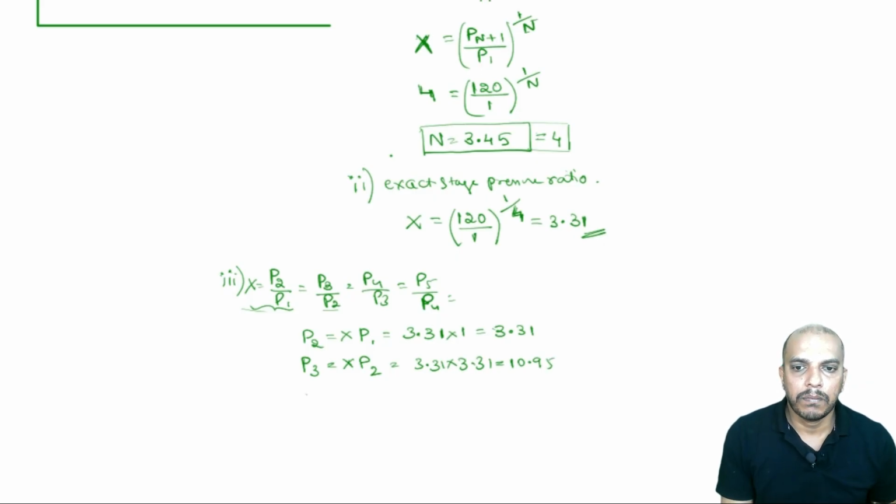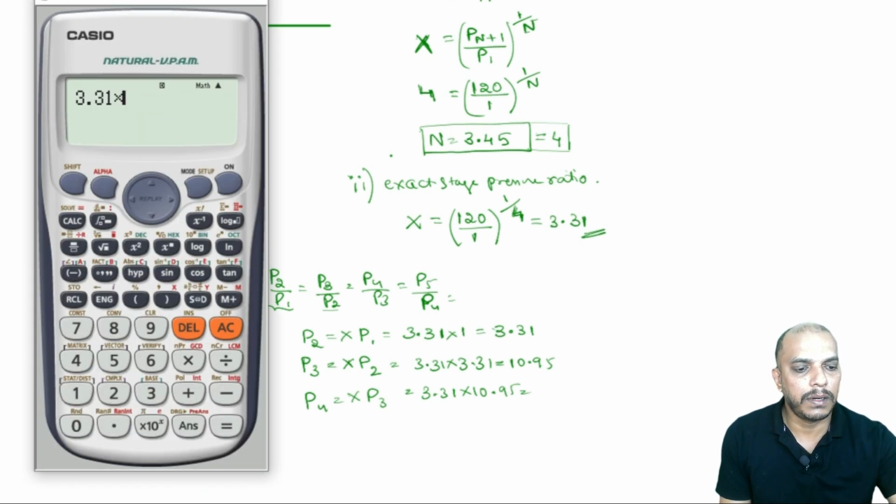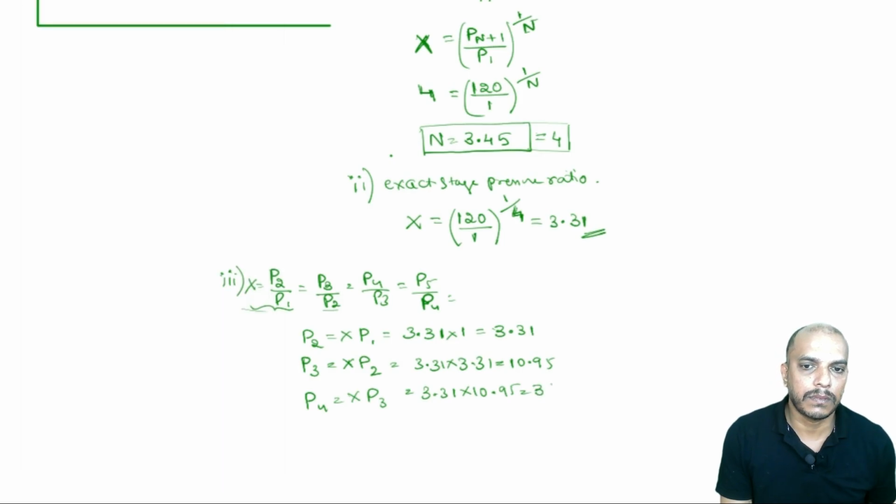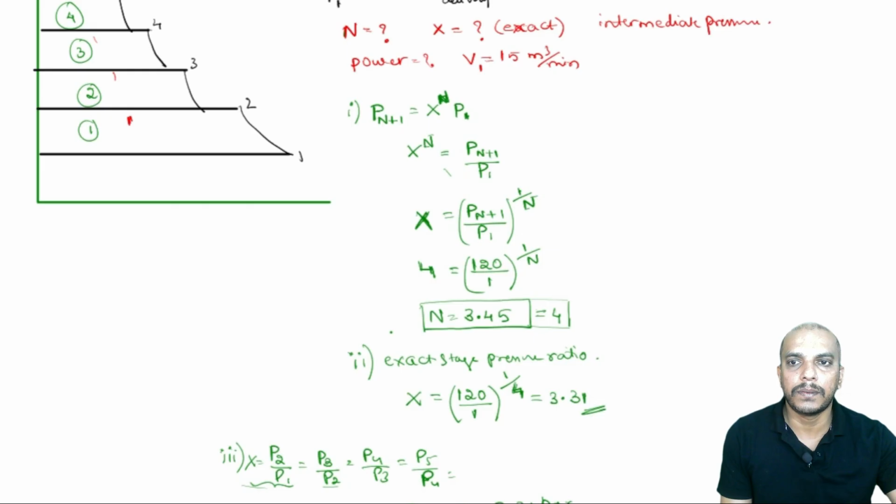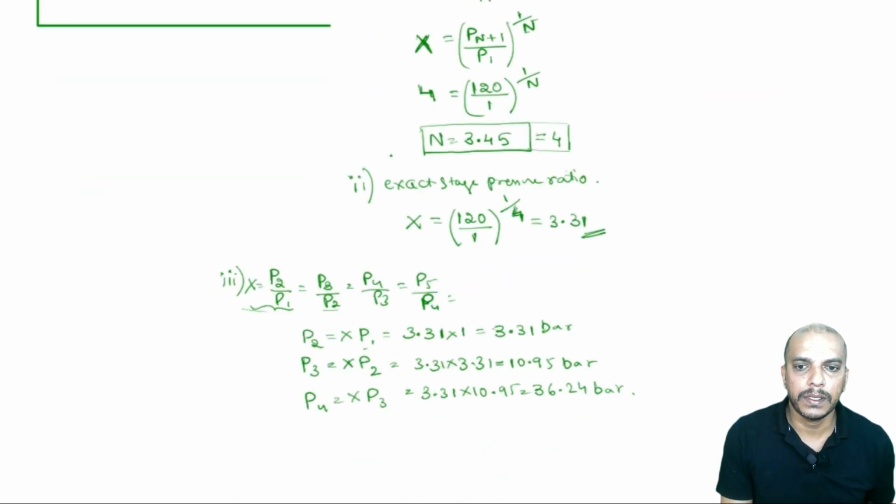So, P4 is equal to x into P3, which is 3.31 multiplied by 10.95, that is 36.24. These are in bar, because the pressure unit which we have substituted is in bar. P4 we have found out, now we have to find P5.